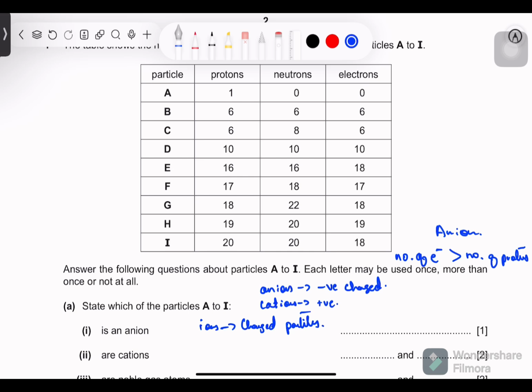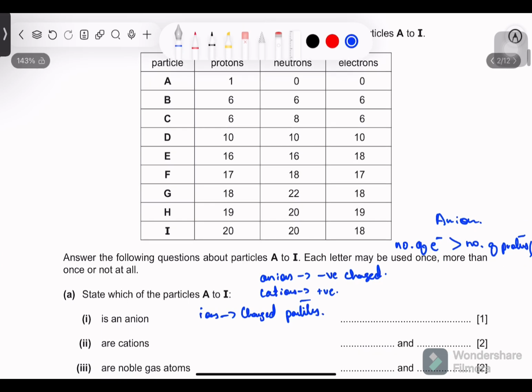And anions, what do they do? They gain electrons. As for cations, they have fewer electrons than protons because they lose their electrons, so the charges don't cancel. For anions the number of electrons is greater than the number of protons, which is why they don't cancel out, and there's a net negative charge on the particle.